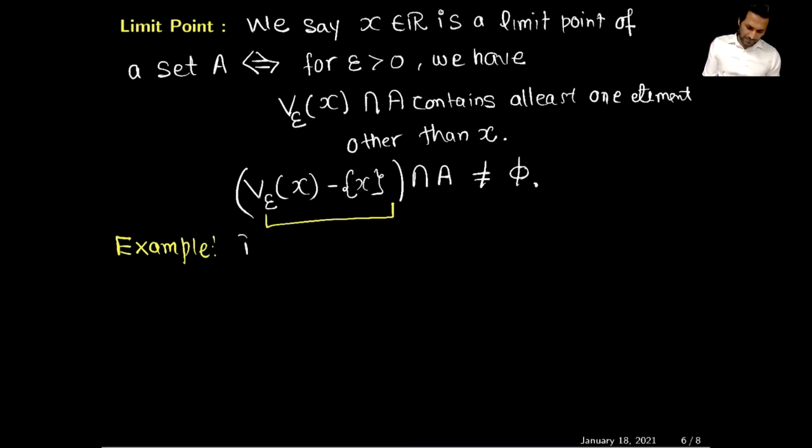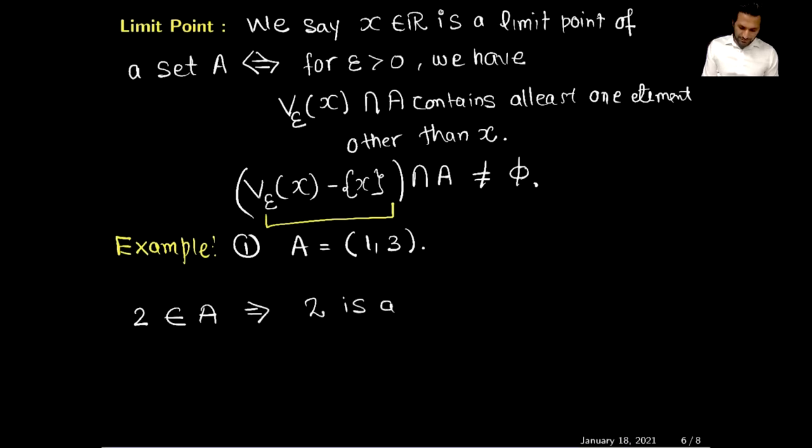My first example is I will consider the set A as my open interval 1 and 3. For example, if I pick a point 2, which belongs to this set, the midpoint of the interval, then I can prove that 2 is a limit point.